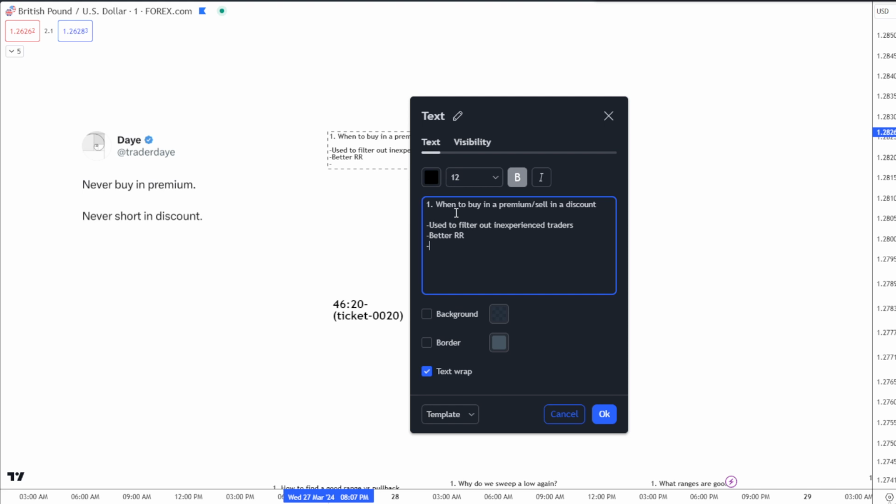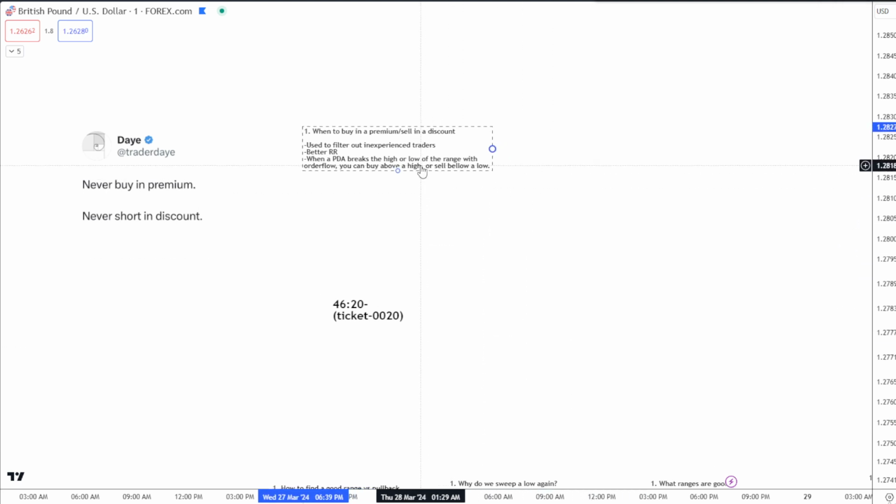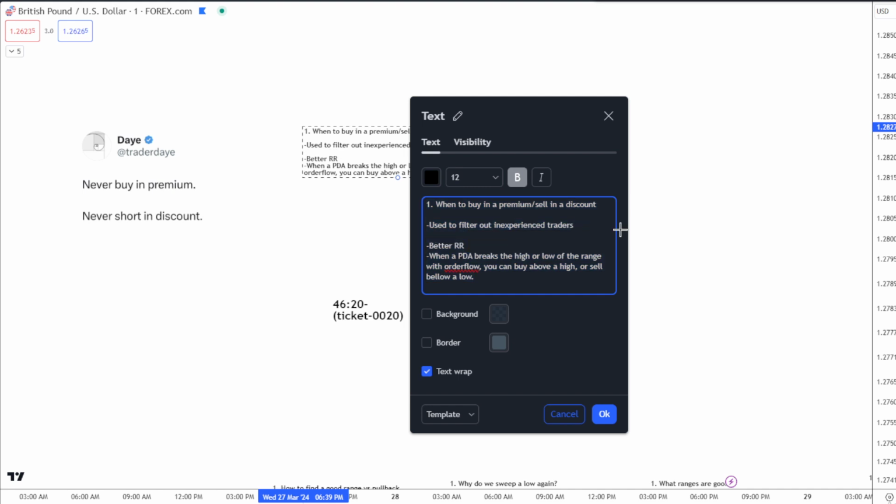And when a PDA breaks the high or low of the range with order flow, you can buy above a high or sell below a low, right? I wouldn't really suggest doing it. I would rather just miss the trade, to be honest. But if you want to take it, then you can.